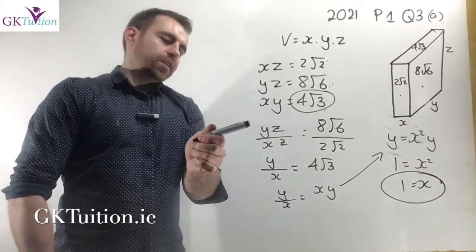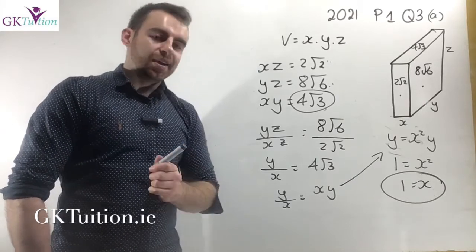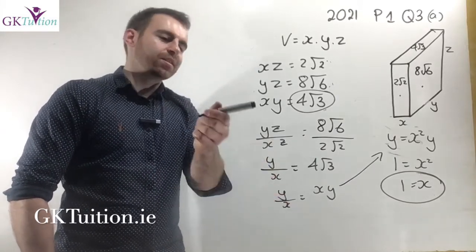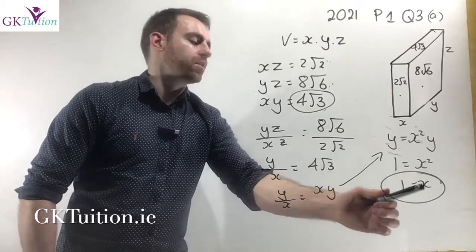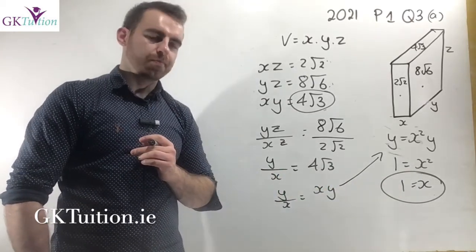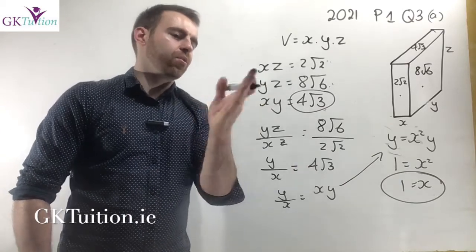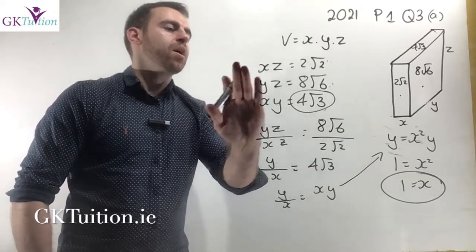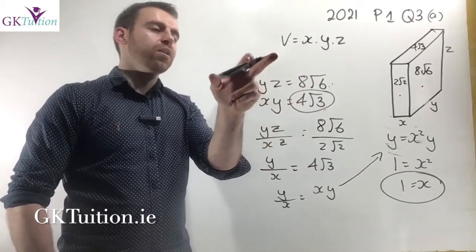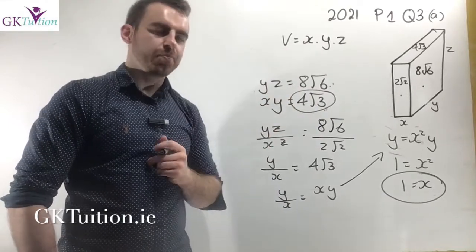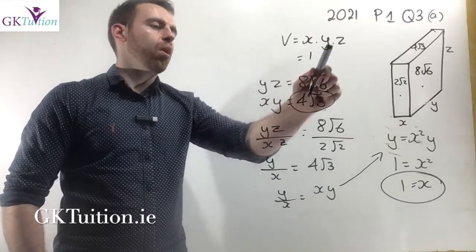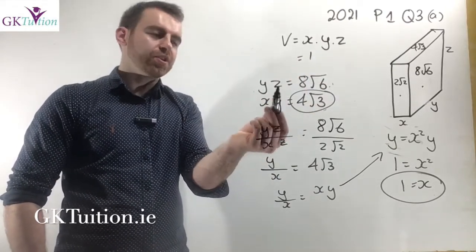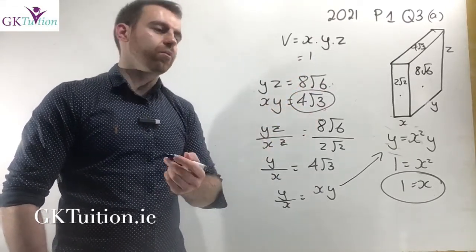The way that I did it there, yz over xz, you'll also end up with basically the same thing if you take yz over xy. You end up with the same conclusion that x is equal to 1. If x is equal to 1, then this question all of a sudden is really easy. Originally I said the volume is x by y by z. x is simply 1, and y times z, I have from the question, is 8 root 6.